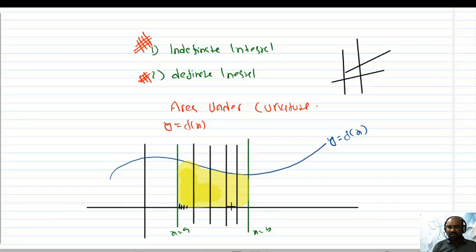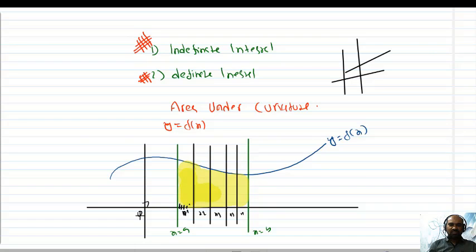In my diagram the widths are not the same, these two are different, but they divided like that. Say this is x1 length, this is x2 length, this is x3 length, this is x4 length, this is x5 length.